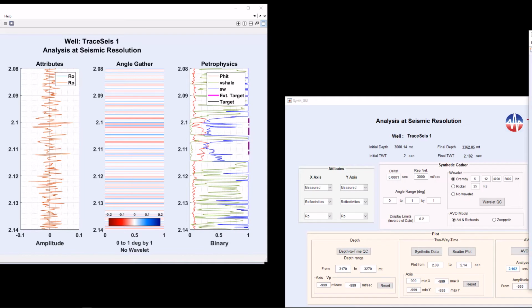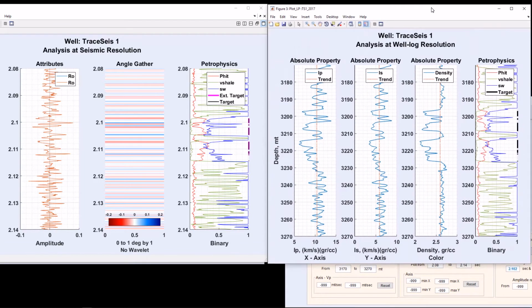To continue with the analysis, I include here a plot in depth showing the impedances, density, and on the right the petrophysical evaluation. So we have data in depth on the right and data in time on the left. I am now going to select a point here at the top of the reservoir where the acoustic impedance is decreasing, and show that this results in a negative reflection coefficient, or red color.